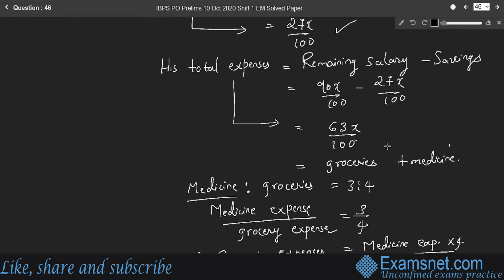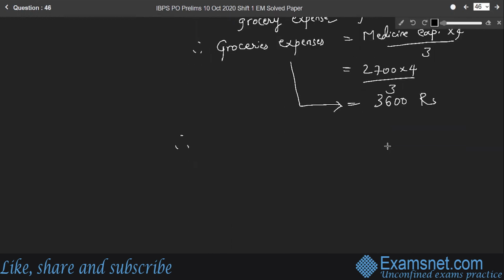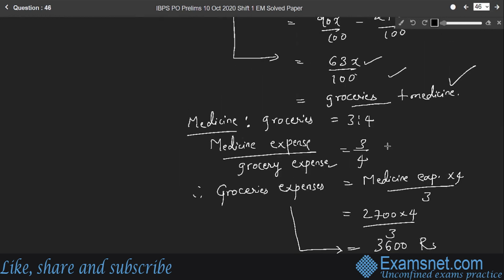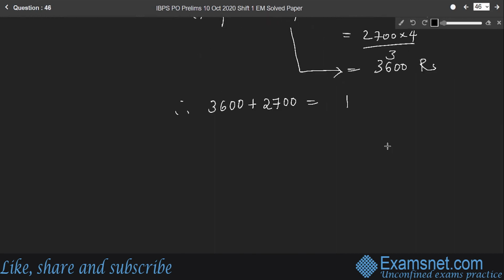Therefore, from this relation, his total expenses 63x by 100 is groceries plus medicine, right? So groceries expenses 3,600 plus medicine expenses 2,700 is equal to 63x by 100. Therefore, 6,300 is equal to 63x by 100.